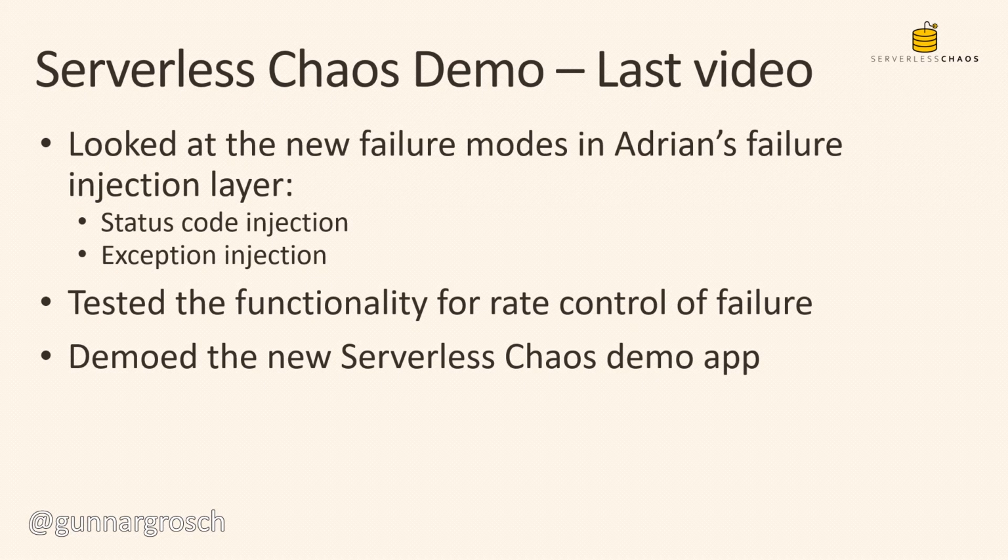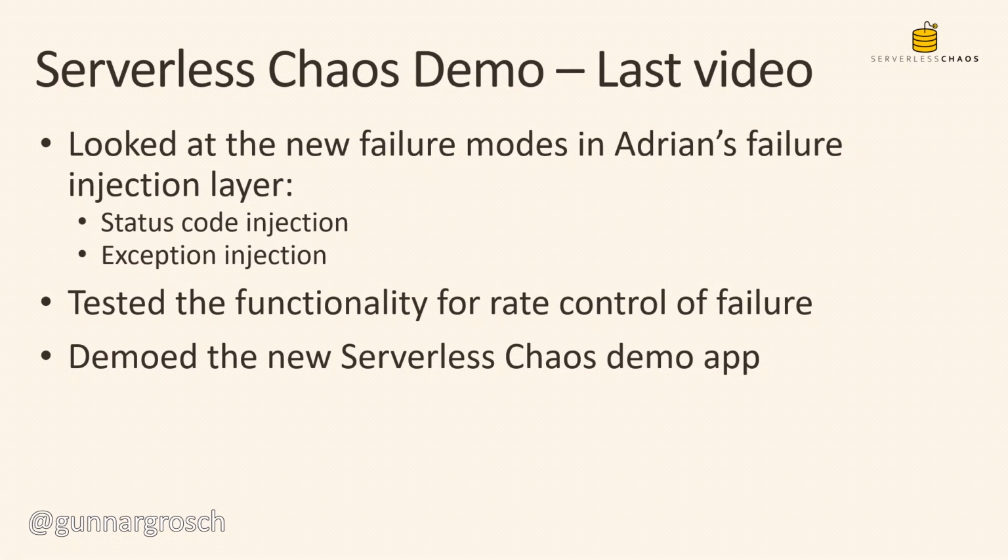And he also added exception injection, so you were able to create exceptions within the code. And then we also tested the functionality that he had added for rate control of failure. Rate control means that you were able to control how often the failure should happen. Not that it happened on every function invocation, but instead perhaps at a 50% rate.